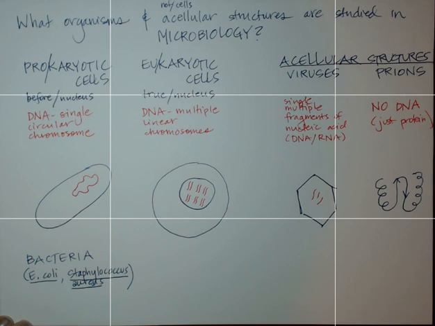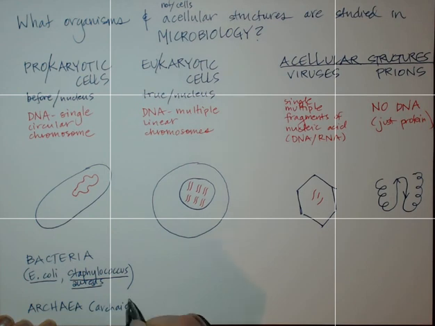The other major cell type that we see in the prokaryotic cell would be the archaea. And the thing you need to remember about these is they are very archaic, very old.